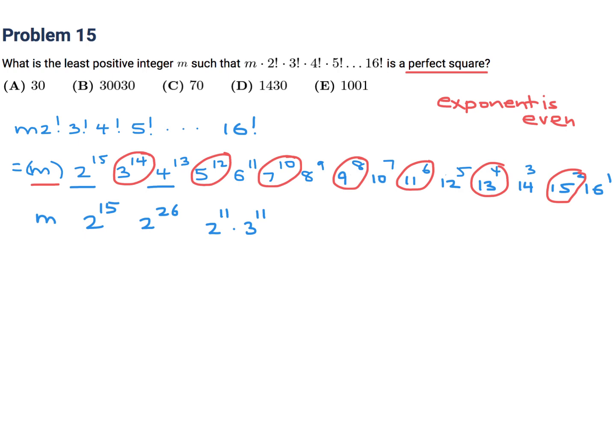The 8 is 2 to the power 3 to the power of 9, so that would be 2 to the power of 27. This is 2 to the power of 7, 5 to the power of 7. That is 2 to the power of 2 times 3, right? So that's going to be 2 to the power of 10, and then 3 to the power of 5. This is 2 times 7, all to the power of 3, so that's going to be 2 to the power of 3, 7 to the power of 3, and then finally that's 2 to the power of 4, correct?